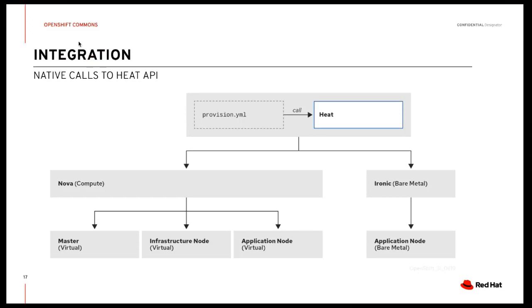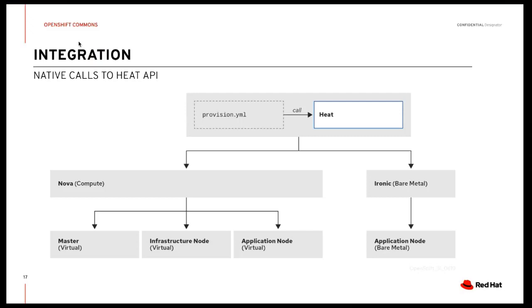So the integration is that we're not using shell and module commands through Ansible to do these things. We're actually making native API calls to Heat. So once the resources are deployed on top of OpenStack, you can manage them with Heat the same way you would manage any other resources deployed by Heat.